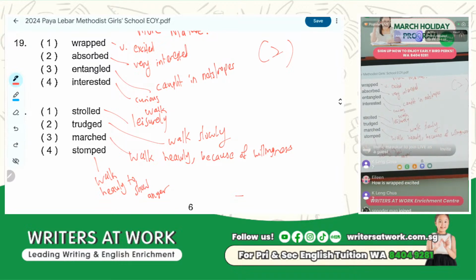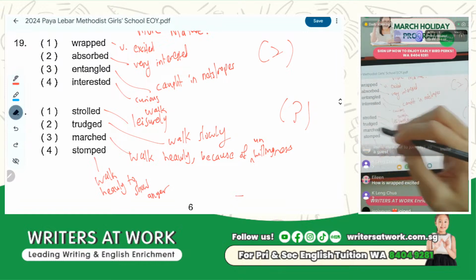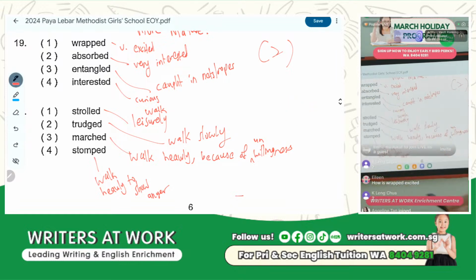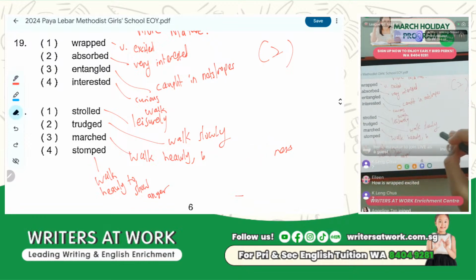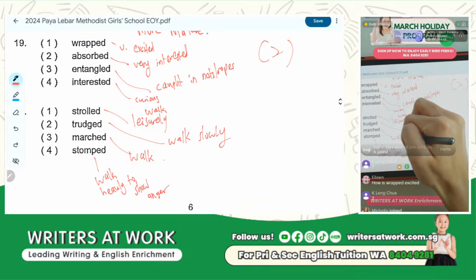Okay, so for this case here, because of the unwillingness, the answer would be number 3. He marched. I'm sorry. For this case here, when you march, it means you walk quickly with determination. Sorry, my notes are a bit untidy. There are a lot of words.